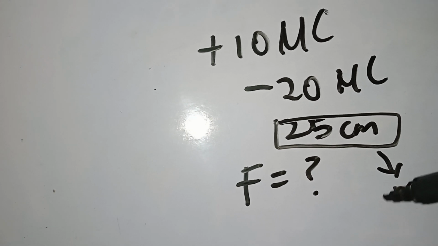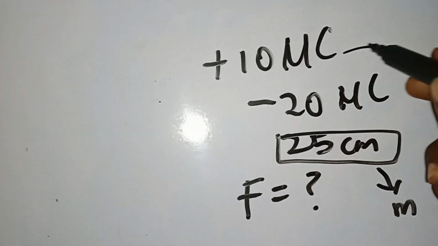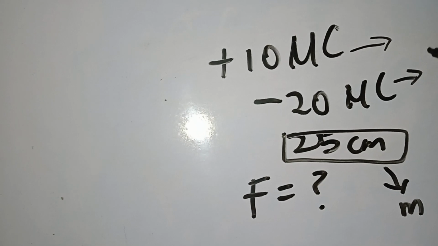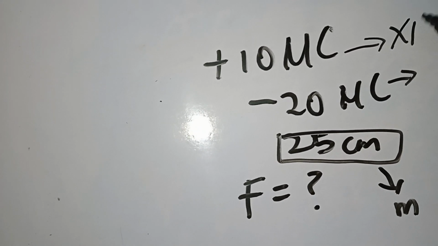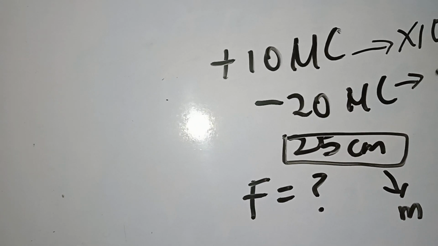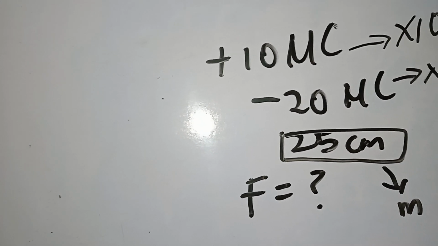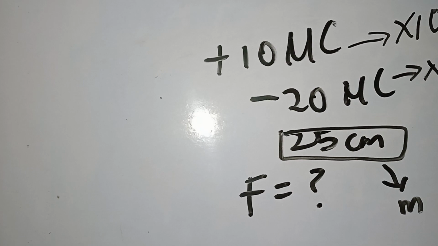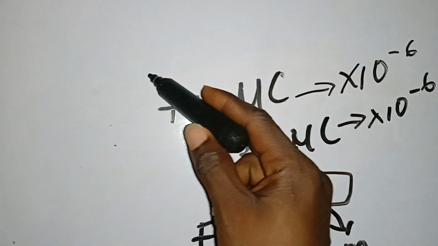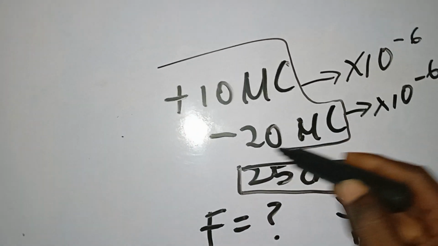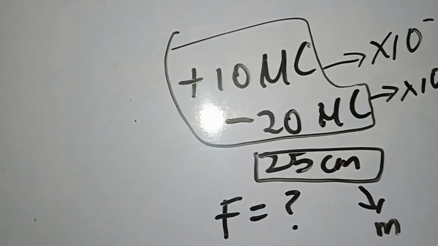Now, once you know this, your microcoulomb, you can convert it to coulomb by multiplying by 10 raised to power minus 6, for each charge. Or you can still work with microcoulomb since the two units were given to you in microcoulomb.